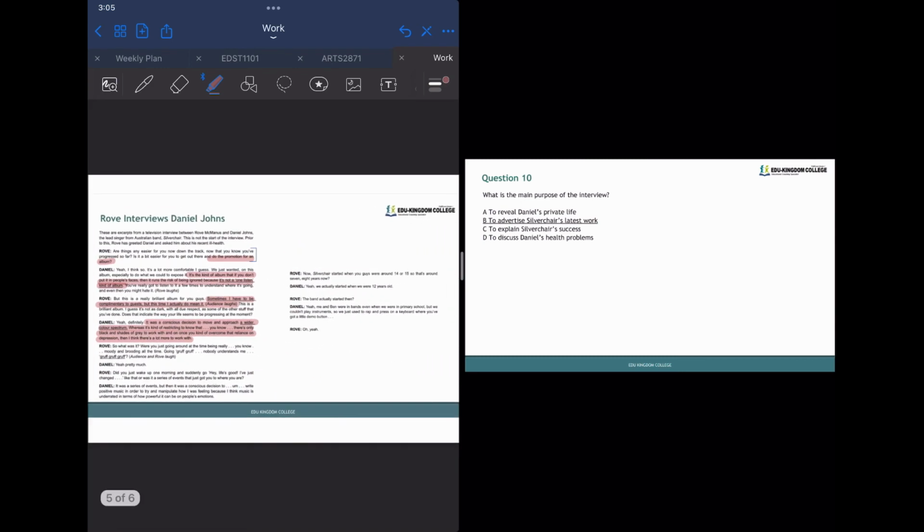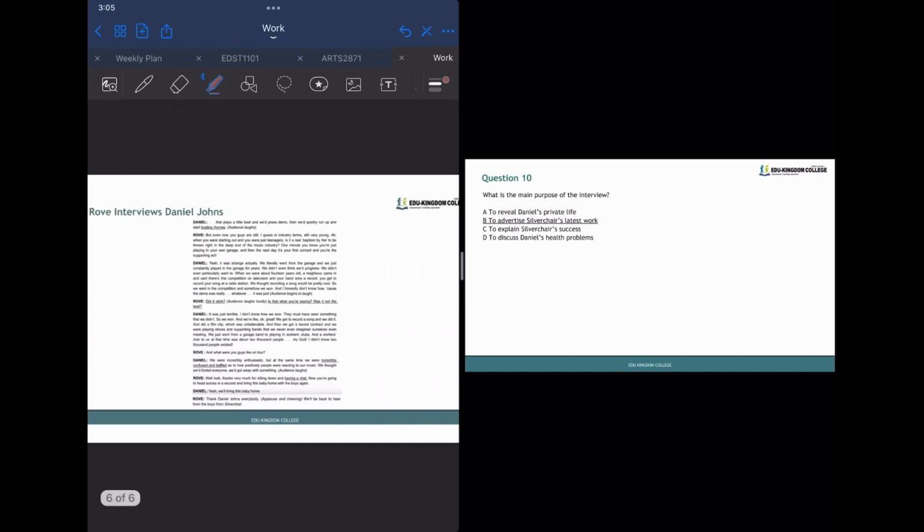That's the main concept that has been talked about in the entirety of the text. There is not too much focus on Daniel's private life, as it talks about how Daniel's private life influences their album, but ultimately we wouldn't be talking about Daniel's private life if we weren't in the direction of the album itself.